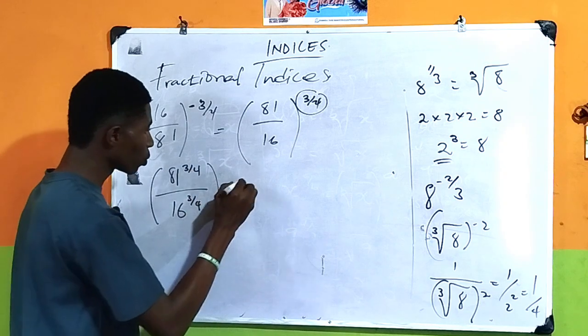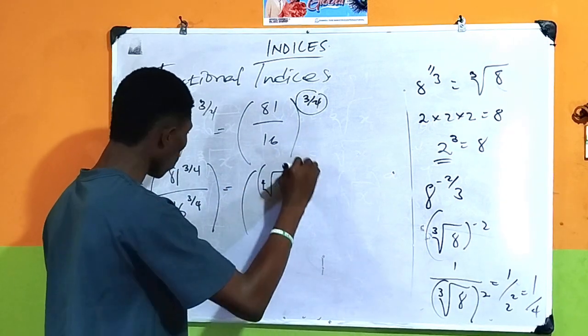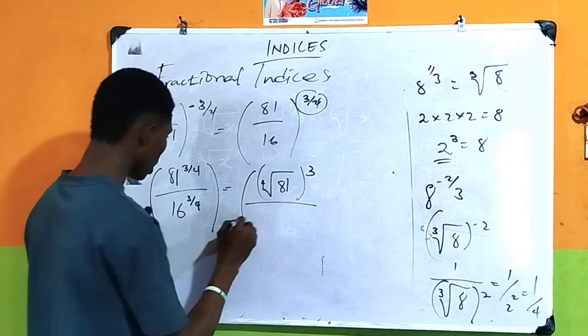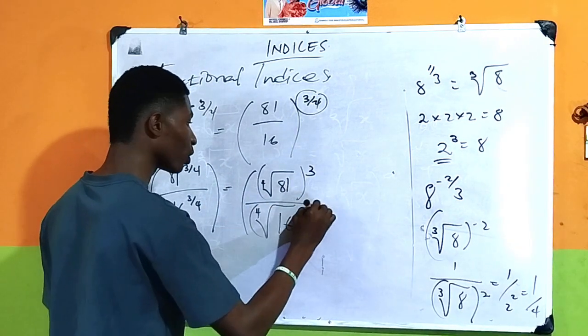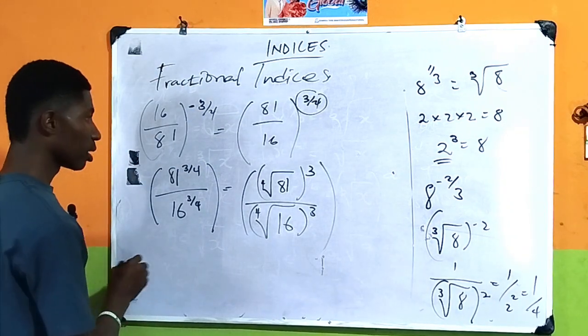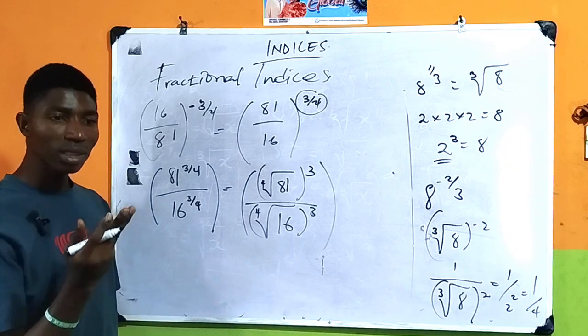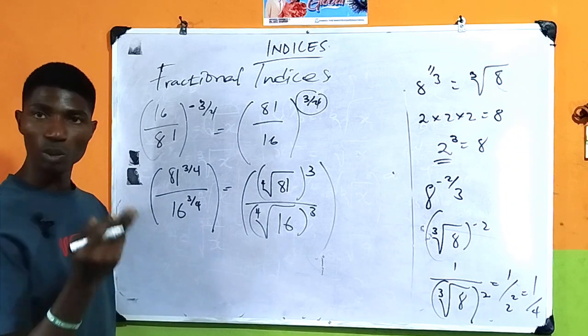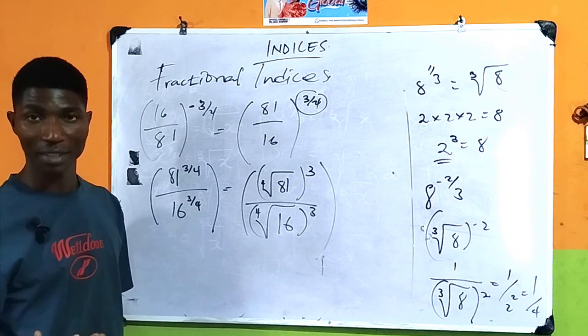And this is equal to the fourth root of 81 all cube over the fourth root of 16 all cube. And the fourth root of 81 is 3, because 3 power 4 is equal to 81. 3 times 3 times 3 times 3, 4 times, is equal to 81.